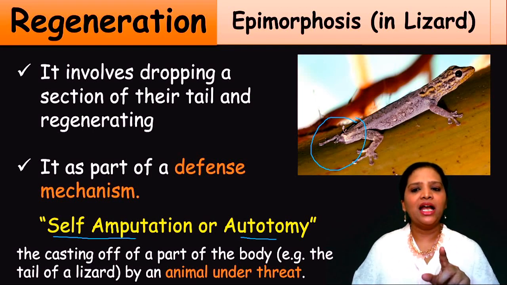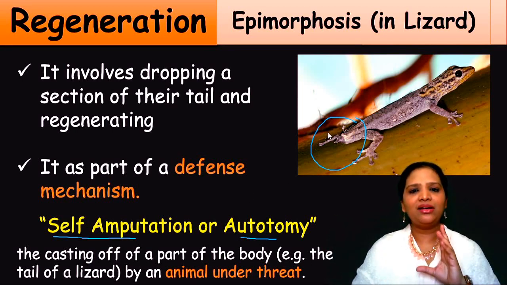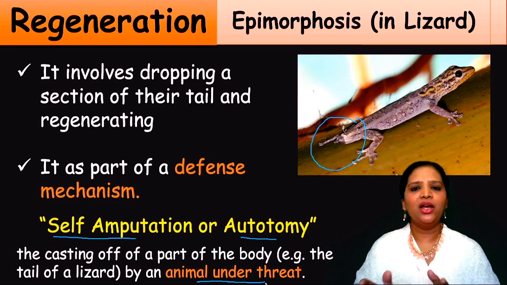Here, what happens? This lizard is self-amputating. It itself cuts off its extremities. That is called self-amputation or autotomy. It is the casting off of a part of the body, that is the tail of the lizard, when the animal is under threat. When the animal is in danger, it uses this method. So this is an example of regeneration.